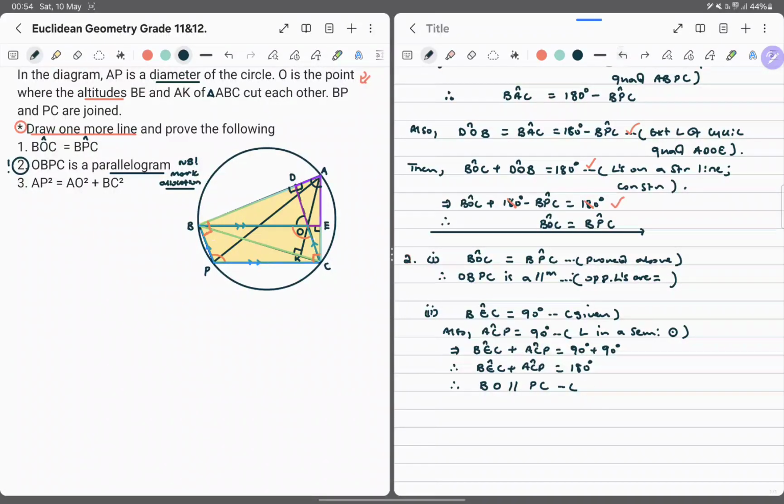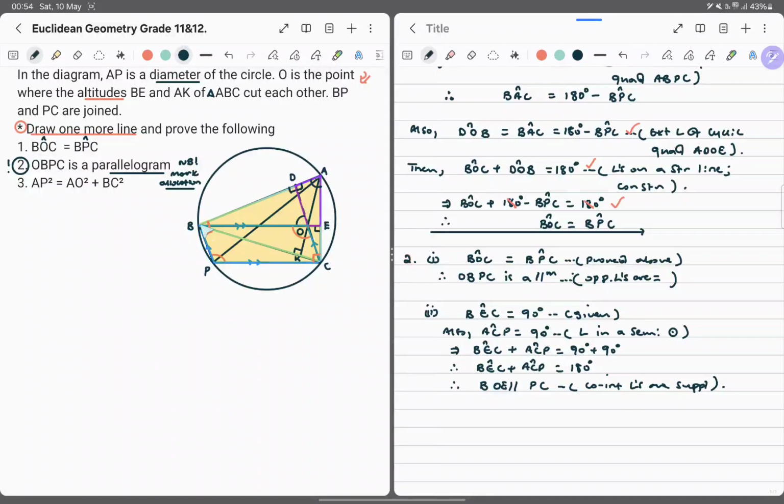My writing likes to just do this. So co-interior angles are supplementary. Essentially, that's the story. But maybe let's put the E here. I think it's safe to put an E there.